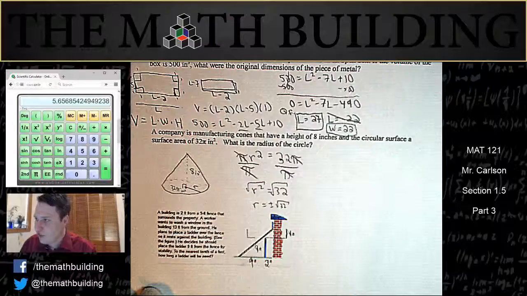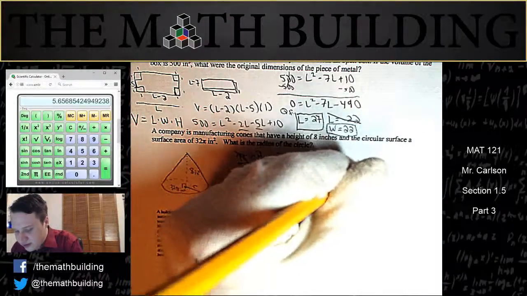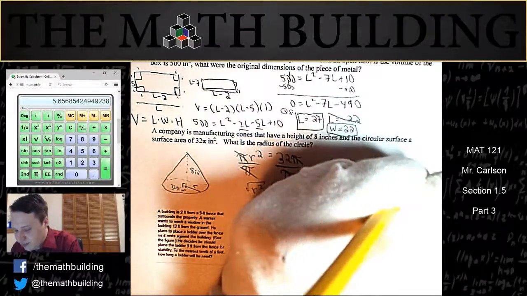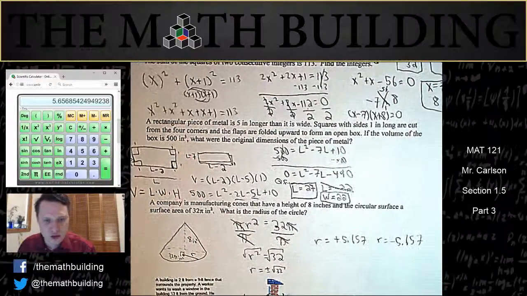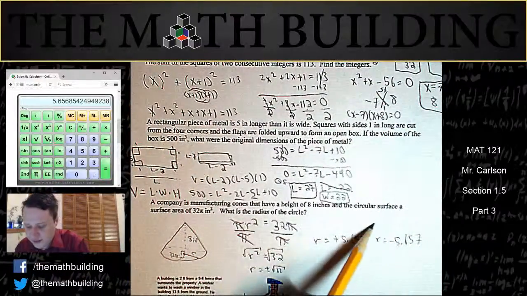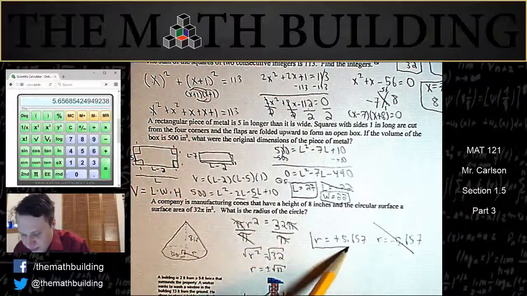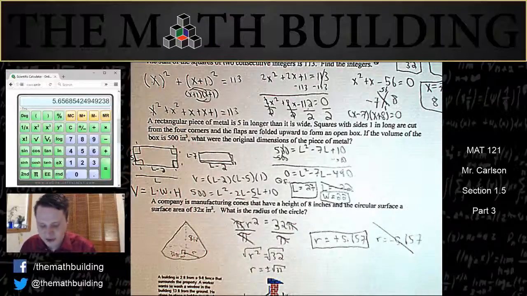So r equals positive 5.657, r equals negative 5.657. Because this is a geometry problem, we can ignore the negative answer. And so the radius of the circle is 5.657. We didn't even need to use the fact that it was a cone.